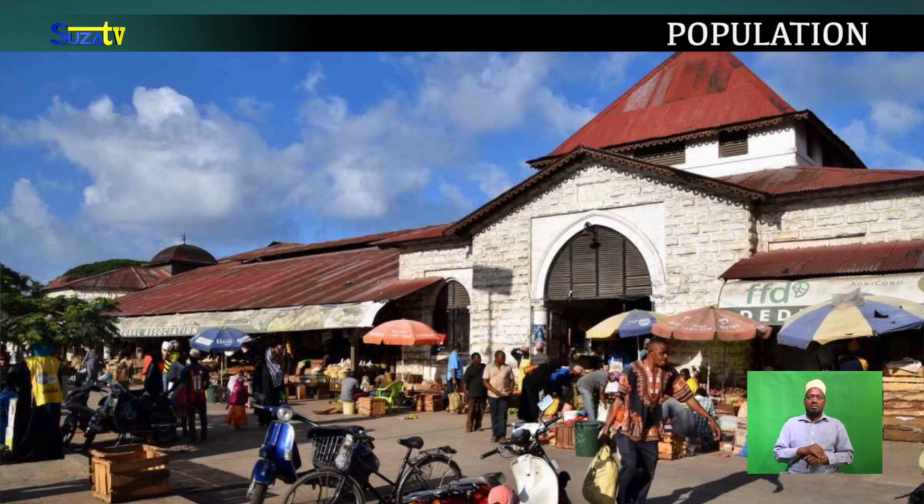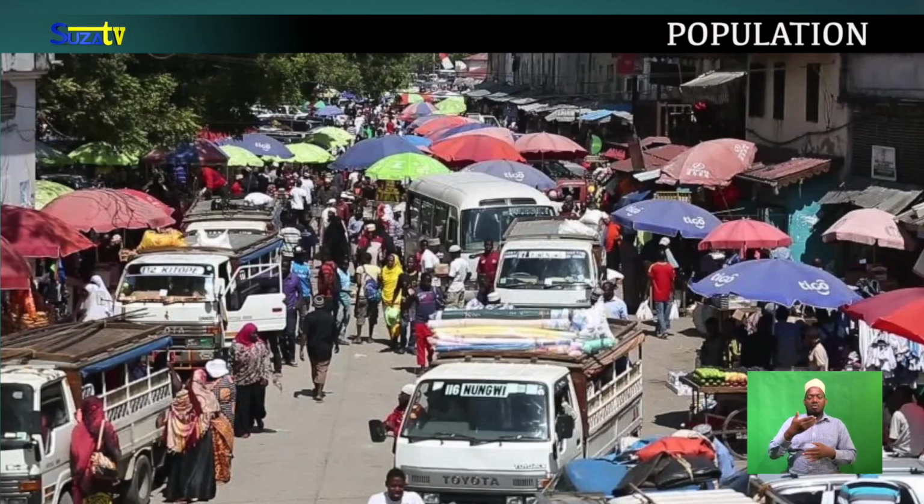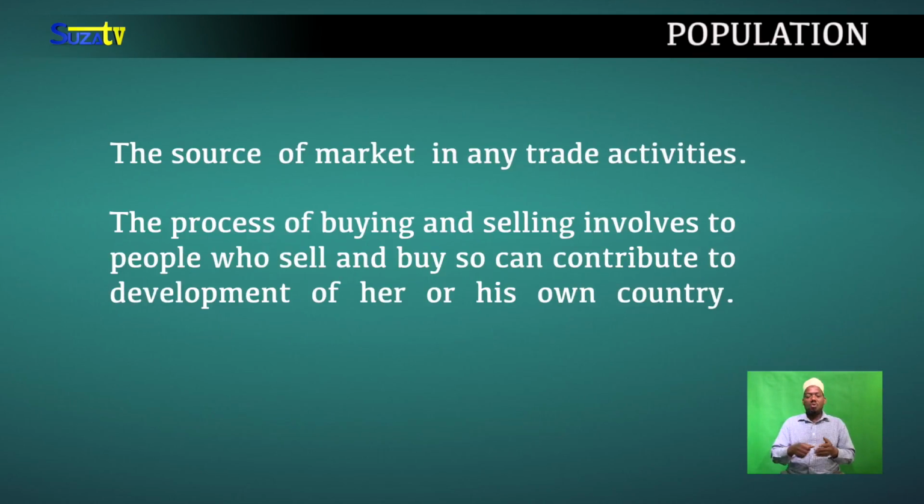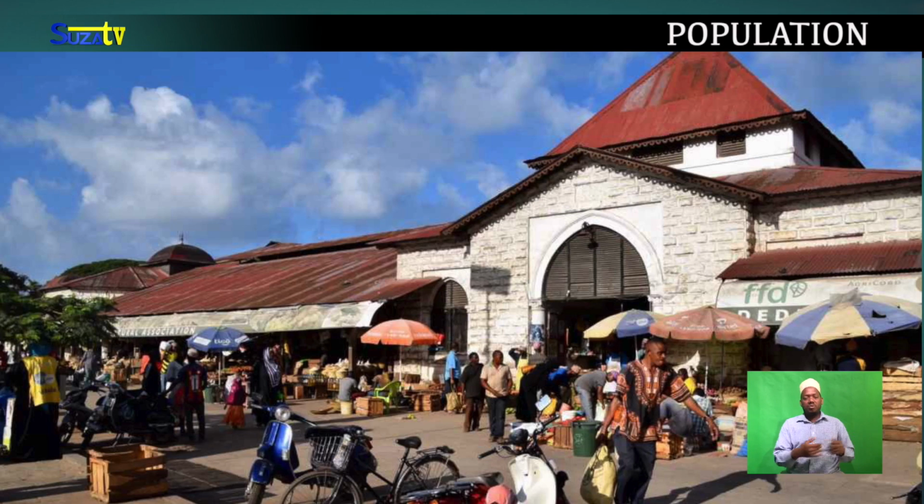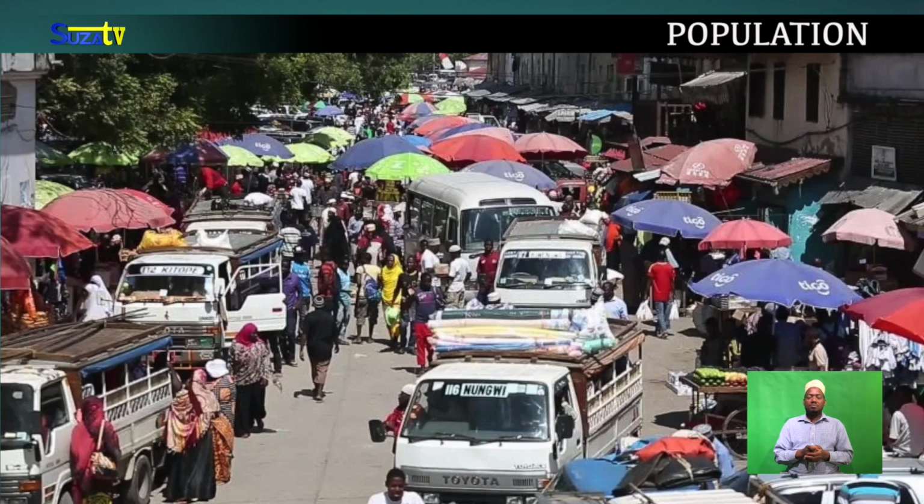As you see in the picture, the process of buying and selling goods in the town involves the people who sell and buy, so it can contribute to the development of their own country, because the process of buying and selling involves only a group of people, my students, as you see in the picture.